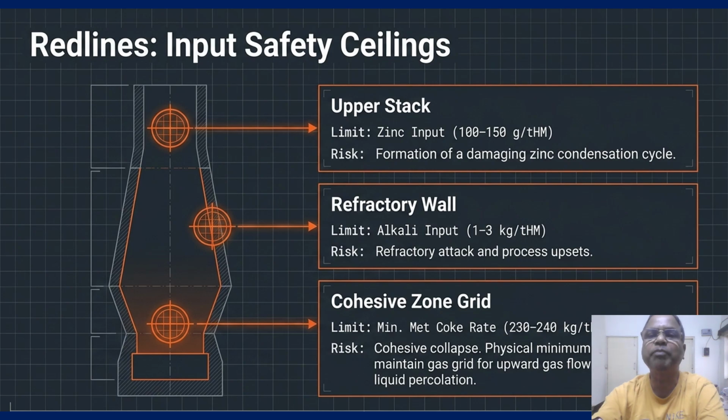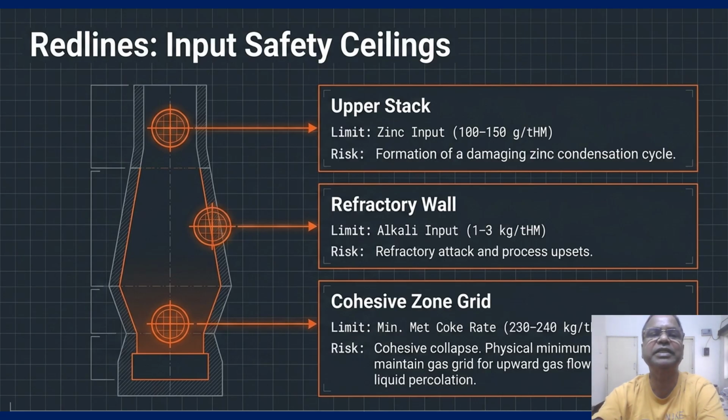So most importantly, the cohesive zone grid requires a minimum metallurgical coke rate of 230 kilograms per ton of hot metal. The so what here is about structural integrity. So if you drop below the coke limit, your cohesive zone collapses, blocking gas flow and liquid percolation.